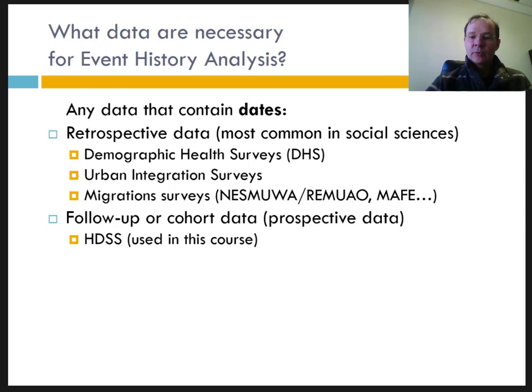In this course, we will actually use HDSS data, that is, data coming from health and demographic surveillance systems. Other examples include cohort studies, such as the Birth to Twenty. This cohort consisted of people born in Soweto in 1994. This cohort was followed up until the age of 20 and actually for some more years.